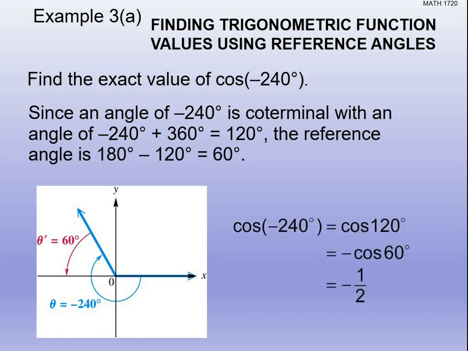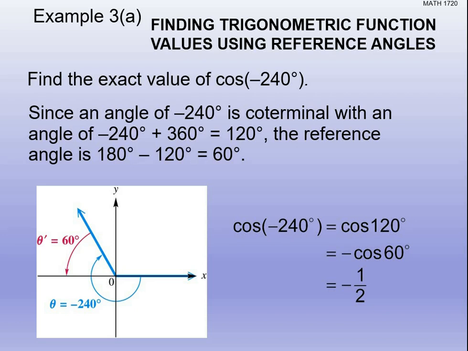So when we write this out, and I didn't ask you to write all the trig functions, I only asked you to write cosine. So cosine of 120, and we use the reference angle of 60 degrees, and we learned from before that cosine of 60 is 1/2, but since cosine is negative in the second quadrant, it becomes negative 1/2.